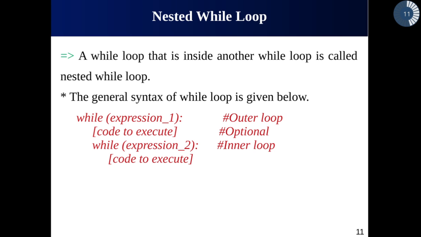Just like the nested for loops, we also have the nested while loop. What is a nested while loop? A while loop that is inside the body of another while loop is known as a nested while loop. So we have seen that a nested for loop means a for loop inside the body of another for loop, while a nested while loop means a while loop inside the body of another while loop.